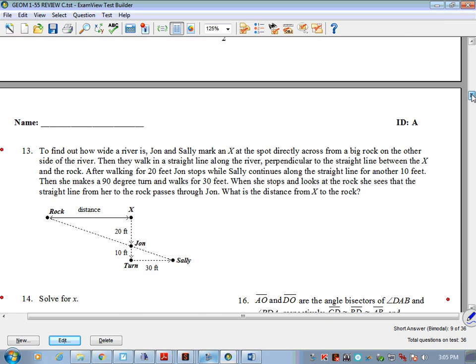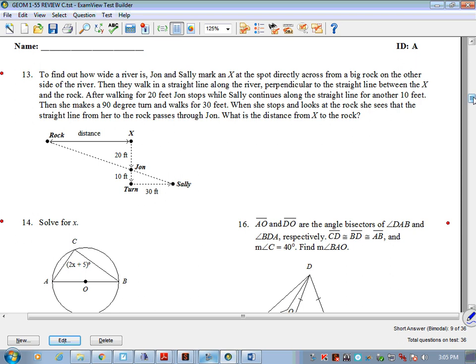All right, number 13. 13 is another similarity question. Based upon the reading up above, they're creating a right angle across the river, because they're walking straight along the edge of it.